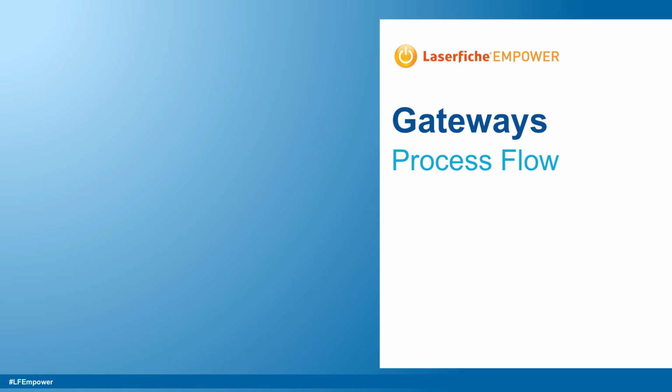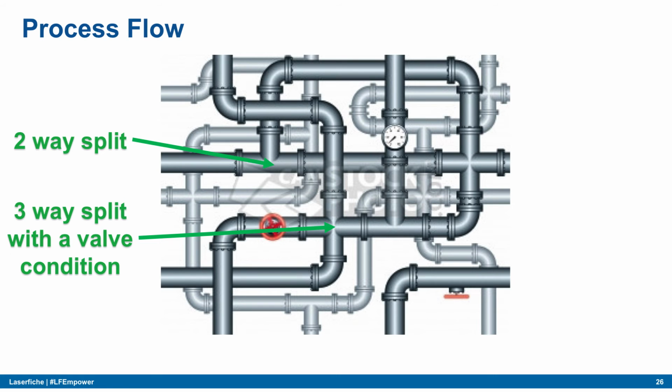we'll get into the next part, gateways, one of the foundations of forms, the ability to control process flow and where the process goes. We can think of gateways in this analogy of pipes. As water flow comes in, and that can be the content that you're bringing through your business process, you have various different pipes to deal with that water flow to get to its destination, whether it's a house or some sort of residential neighborhood.